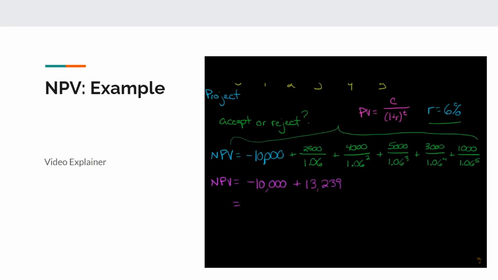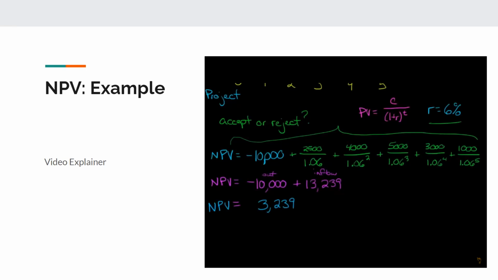So now this is where the net part comes in. We net these together. We're netting the cash outflow, this is going out at the beginning of the project, and then we've got the inflows. This is the discounted value of the inflows. We take it together, and that's going to give us $3,239 as the net present value of this project.